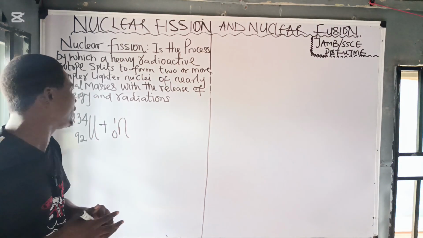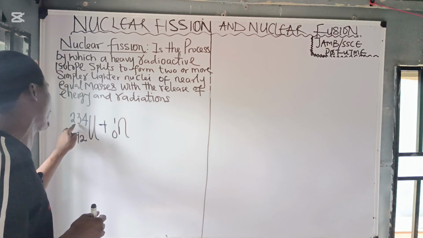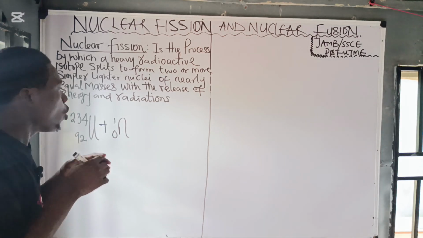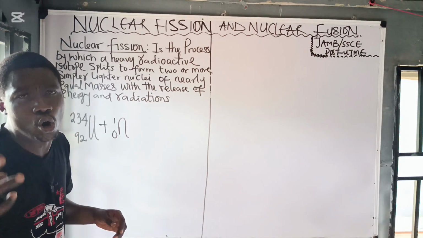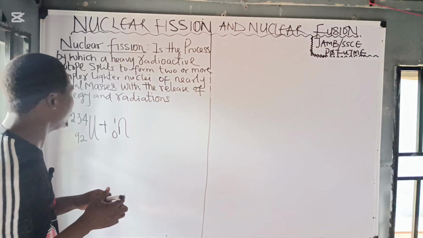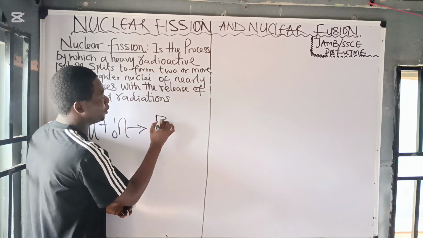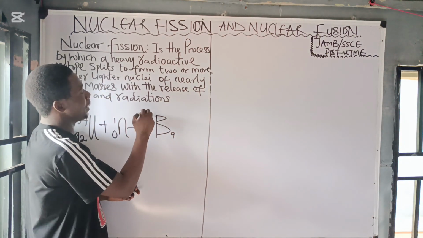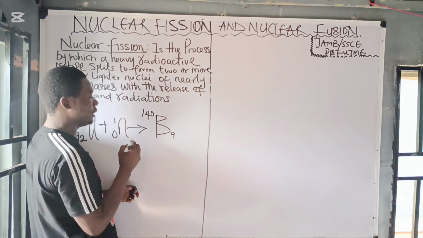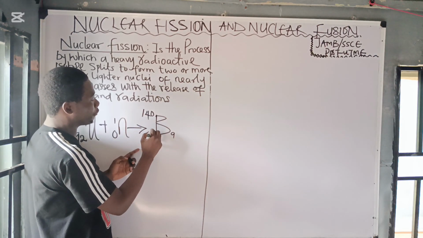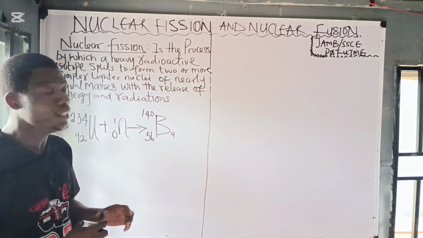And what will happen is that this radioactive isotope, now this guy uranium, will be broken down into two or more lighter nuclei. Now these nuclei will be what? The first guy will be barium with a mass number of 140 and atomic number of 56. Are we together? Okay.